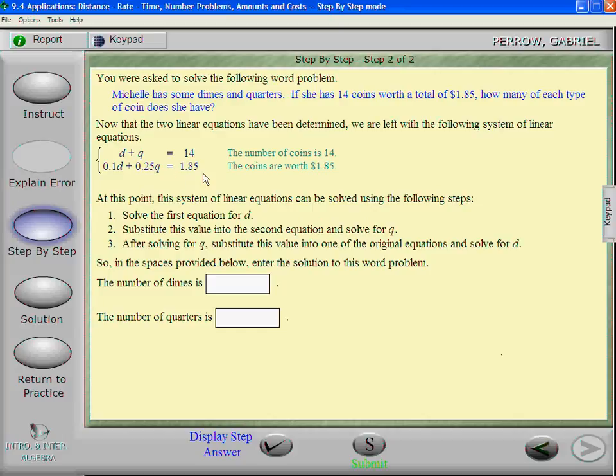And then combining the columns, I end up with 0.6D. These cancel, and I end up with 6.6. So if you divide 6.6 by 0.6 to get the D by itself, you end up with 11 for D. So the number of dimes is 11, and obviously plugging back in is pretty easy on this one, because if I plug in 11 for D, I'm going to get 3 for Q. So 11 dimes and 3 quarters.